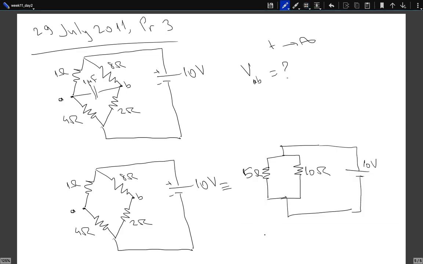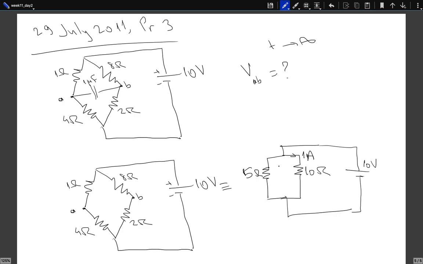Now, what is the potential difference between those 2 points? 10 volts. What is the potential difference across this resistor? 10 volts. So what is the current running through the resistance? 1 ampere. So this is 1 ampere. What is the potential difference across the other resistance?